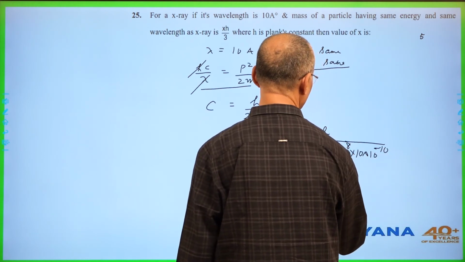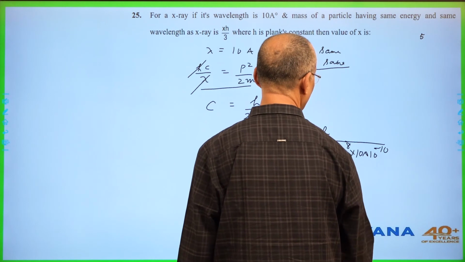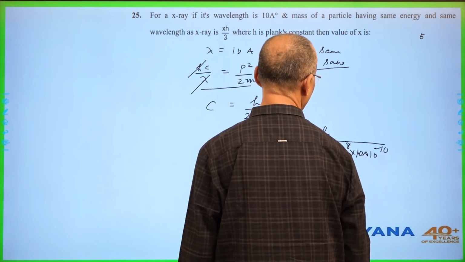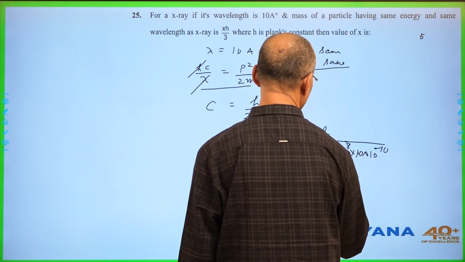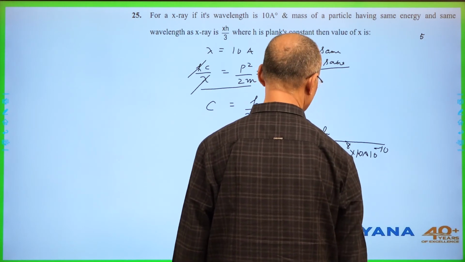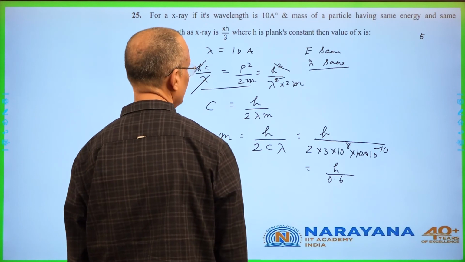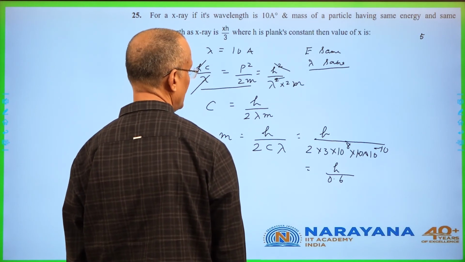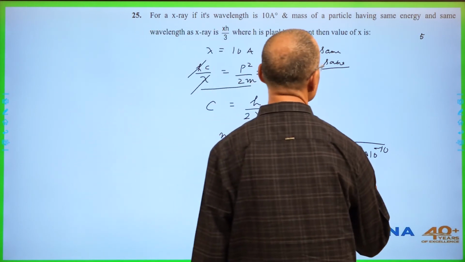So this will become h by 10 to the power minus 9. So 6, it will become 0.6. So you are getting h by 0.6.